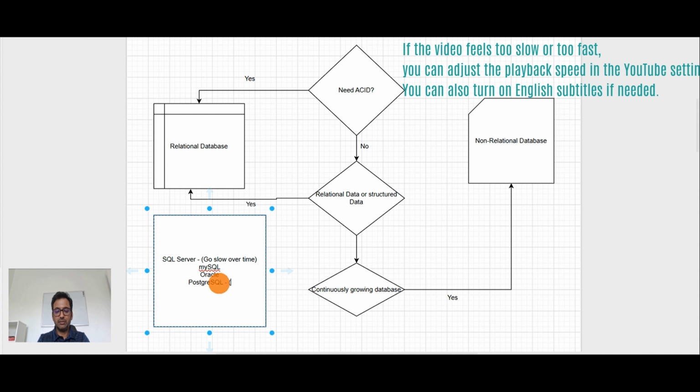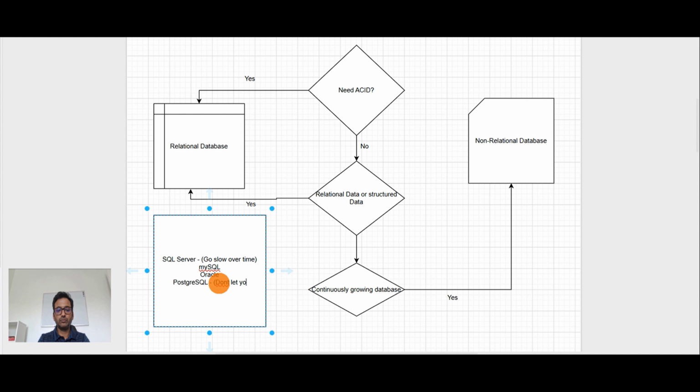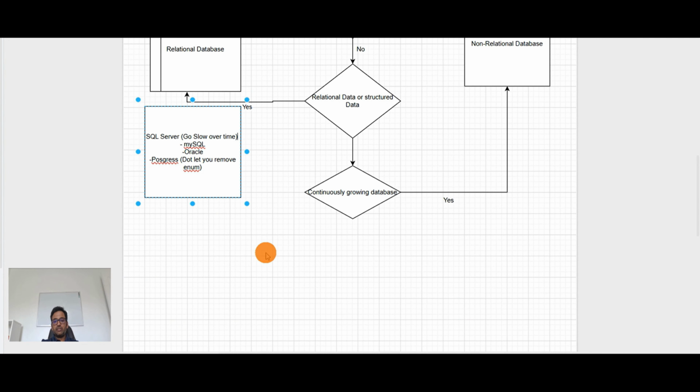It has its own limitations. For example, it doesn't let you remove an enum. So when we decide we want to pick the relational database, we need to understand the different available relational databases, and based upon our need and the system limitations, we pick the right one.